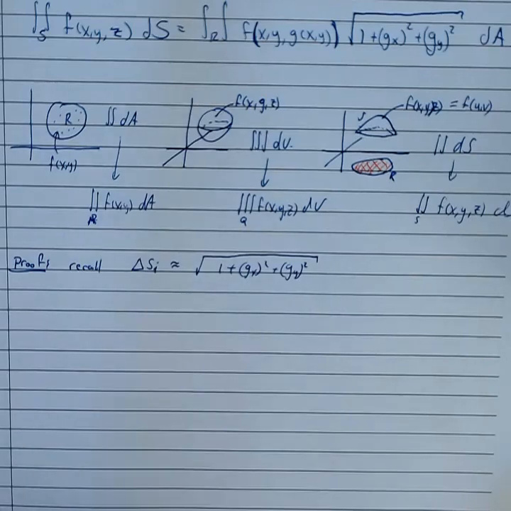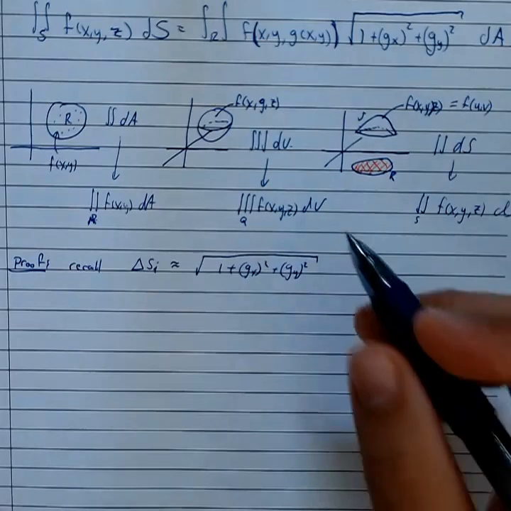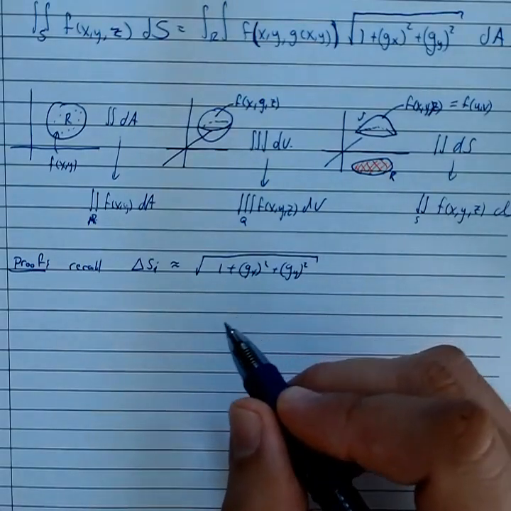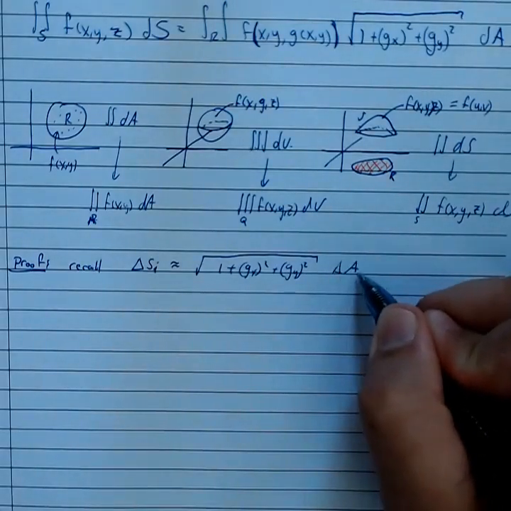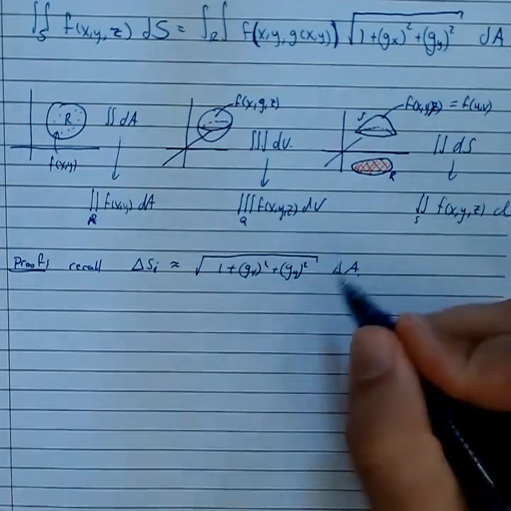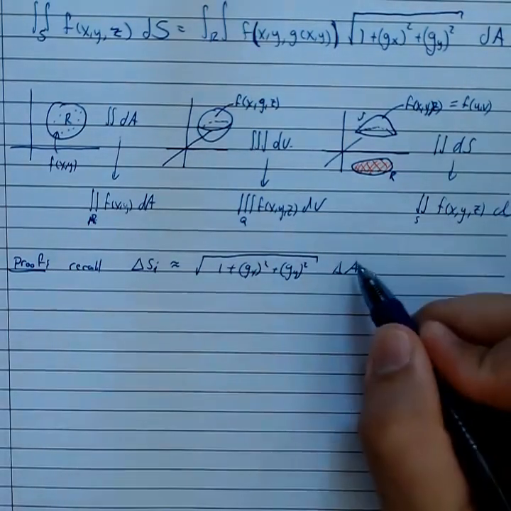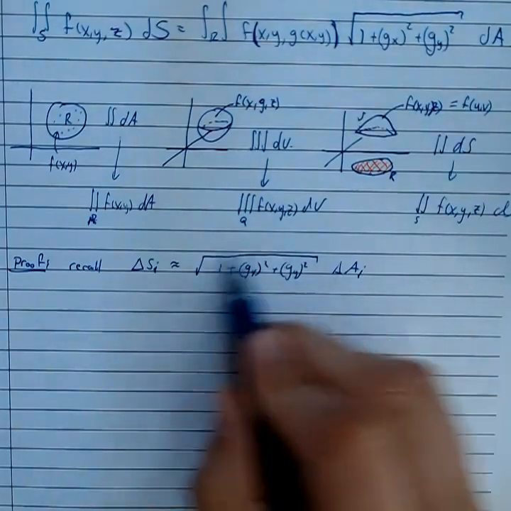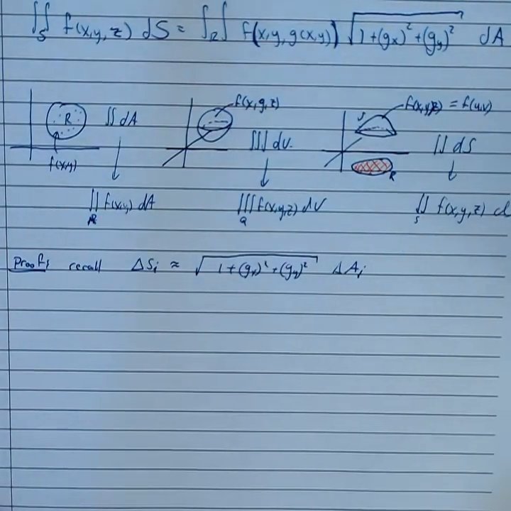We make this approximation. So here our little change in S is approximated by a little change in A times that result.